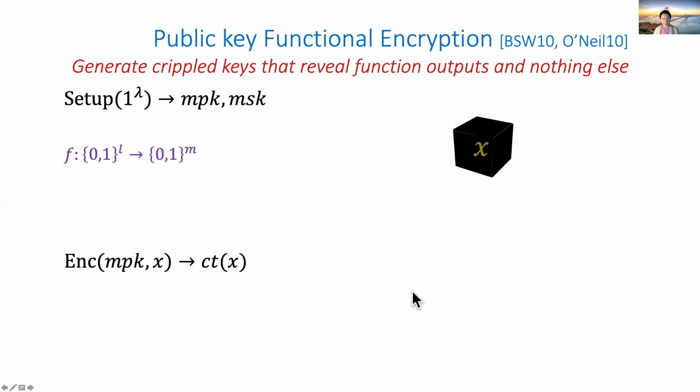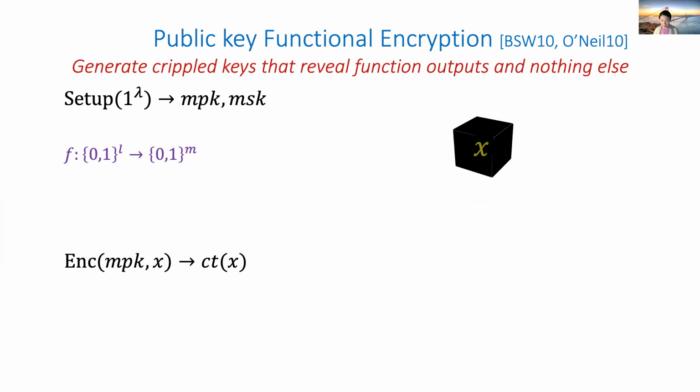On the other hand, let's consider functional encryption, which also extends a vanilla public key encryption scheme to support computation on encrypted inputs. However, it differs from a homomorphic encryption scheme in two main aspects.